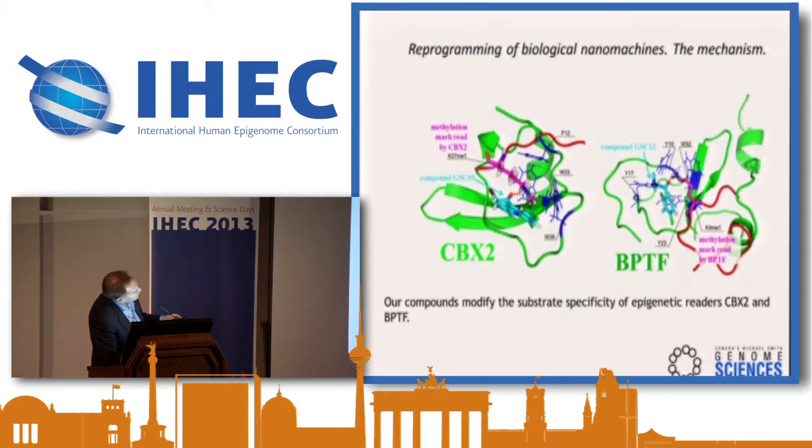We have a compound that we can get into the active pocket in BPTF and interact with the histone tail, in this case the K4ME1, the monomethylated form. And so the idea would be that by using these compounds in this way, we can modulate the substrate specificity of these epigenetic readers. In fact, we're trying to reprogram, right, the epigenetic program.